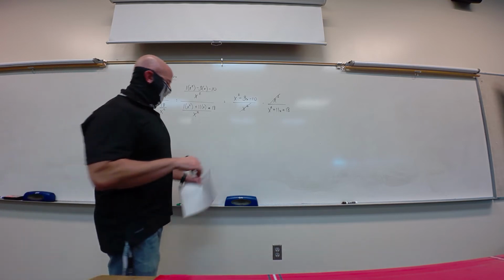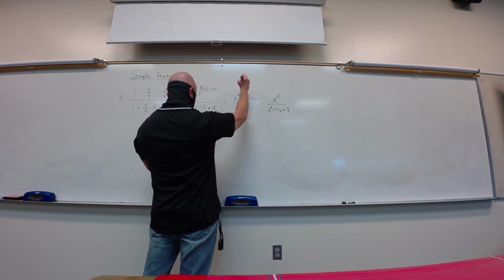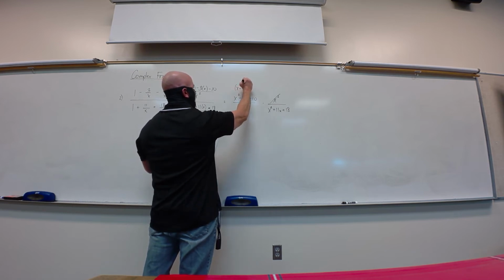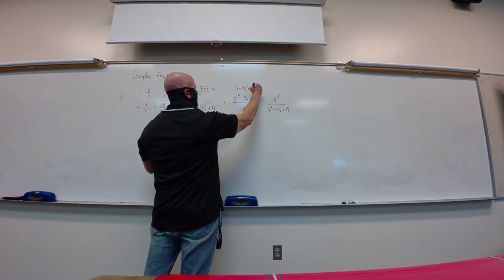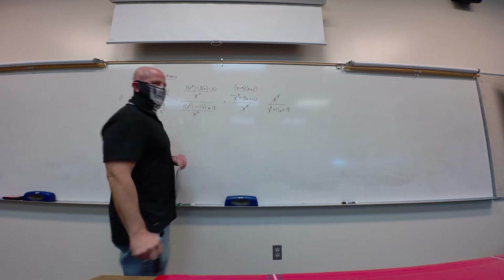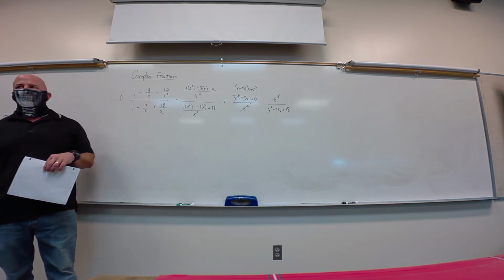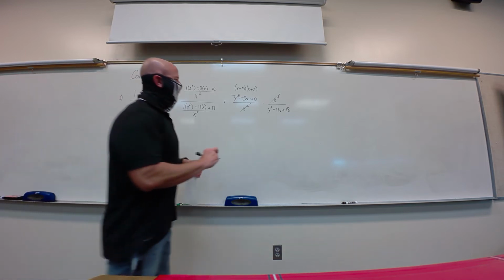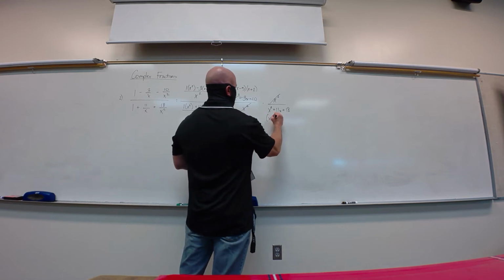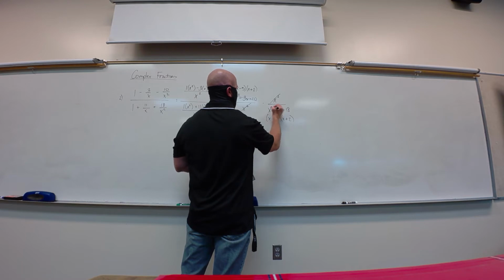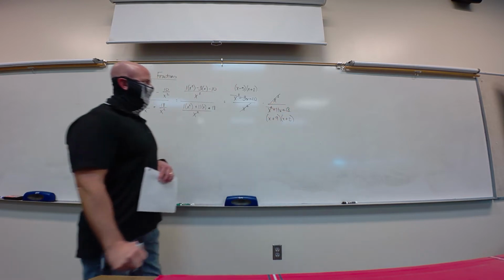So x squared minus 3x minus 10 is going to factor to x minus 5, x plus 2. I have to have it all broken down. The bottom right: x plus 9, x plus 2. That gives me 11 in the middle.